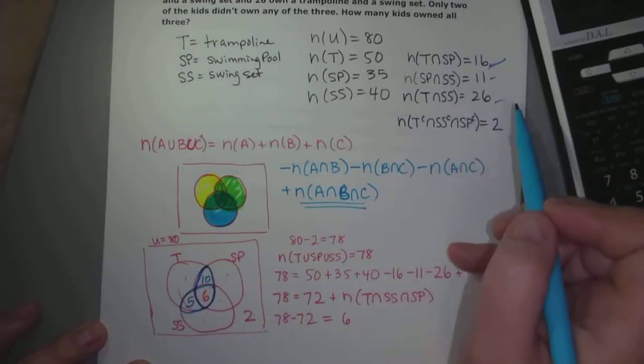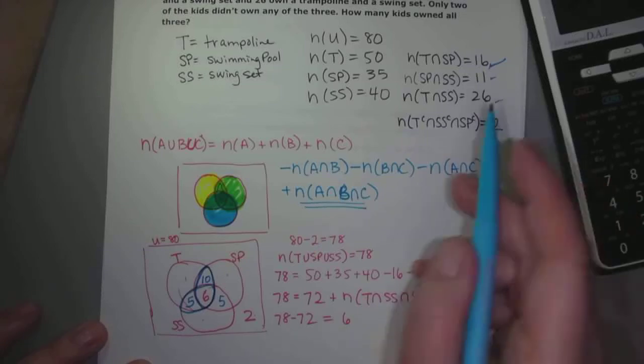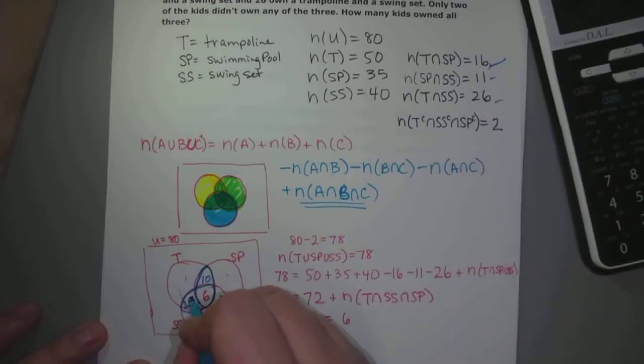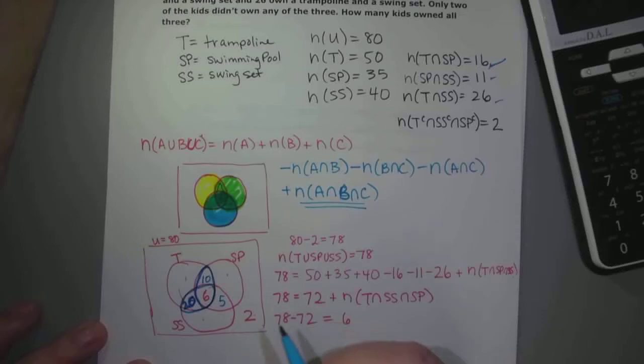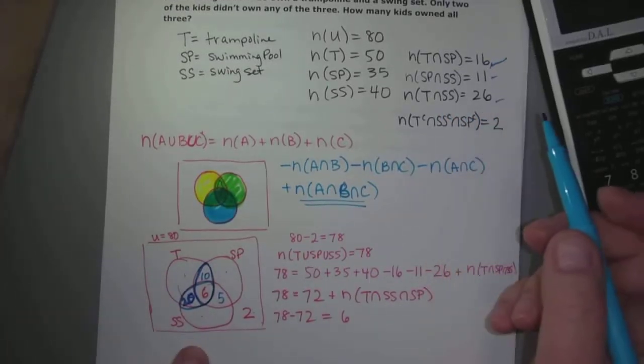And 26 for, oh, did I put that one in the wrong place? I did. So that should have been 5 here. And this is 26, so in here would be 20. Okay, I've got them in the right place.